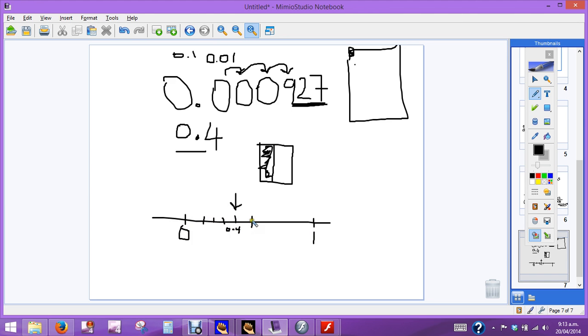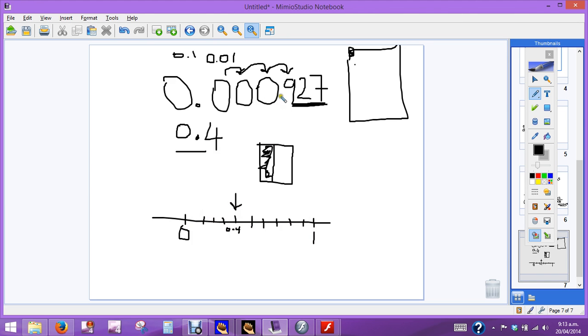Here's 0.5. Here's 0.9 here, and here's 1. So that's 4 tenths of the way towards 1.